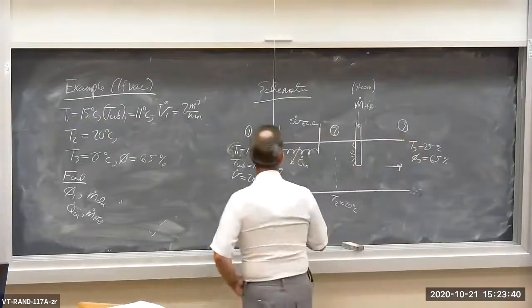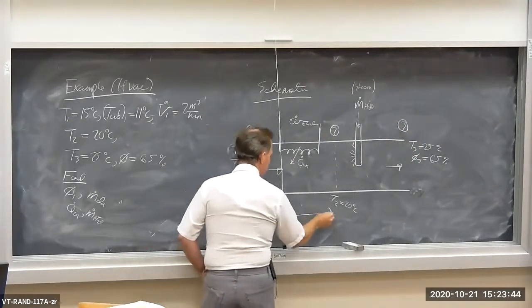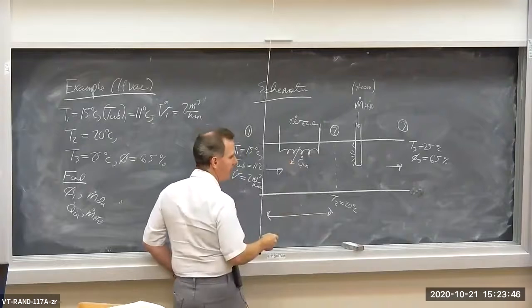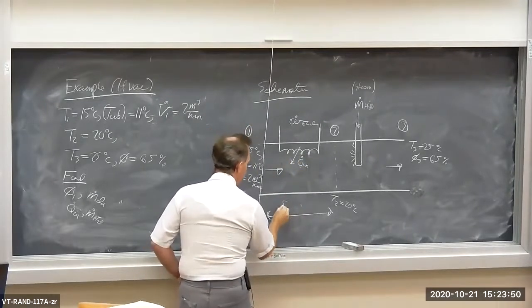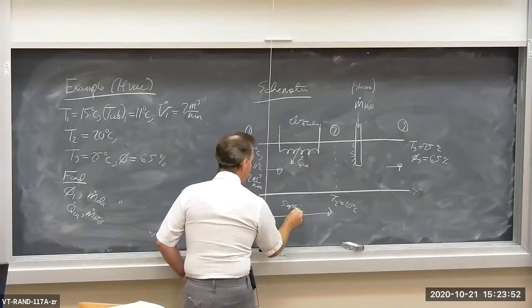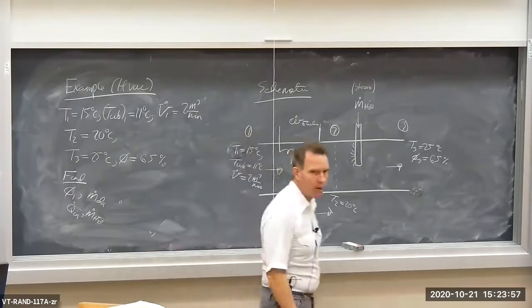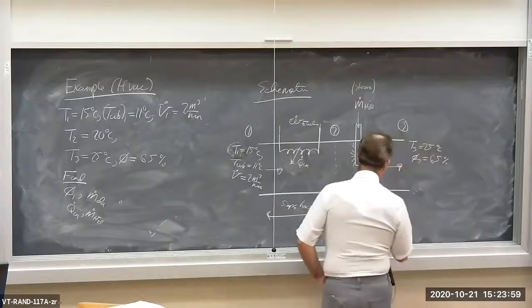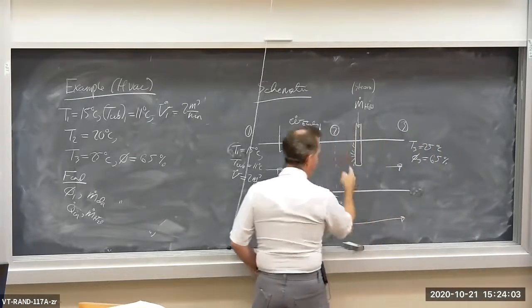So I want to point out here, in this part of the duct, we have simple heating. We're not injecting any H2O in this part of the duct. So we have what's called simple heating. All we're doing is heating the moist air in this part of the duct. And then in this part of the duct, we're adding moisture.